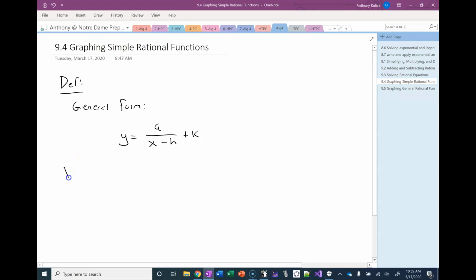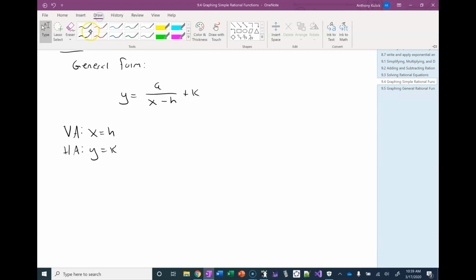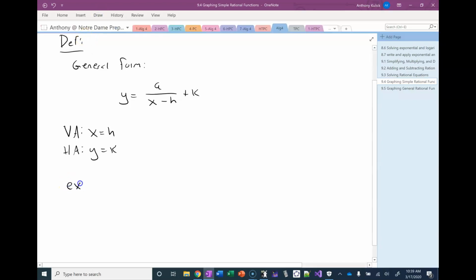So all simple rational functions have a vertical asymptote at x equals h and a horizontal asymptote at y equals k. So for example, we have the simple rational function 1 over x minus 3 plus 2.